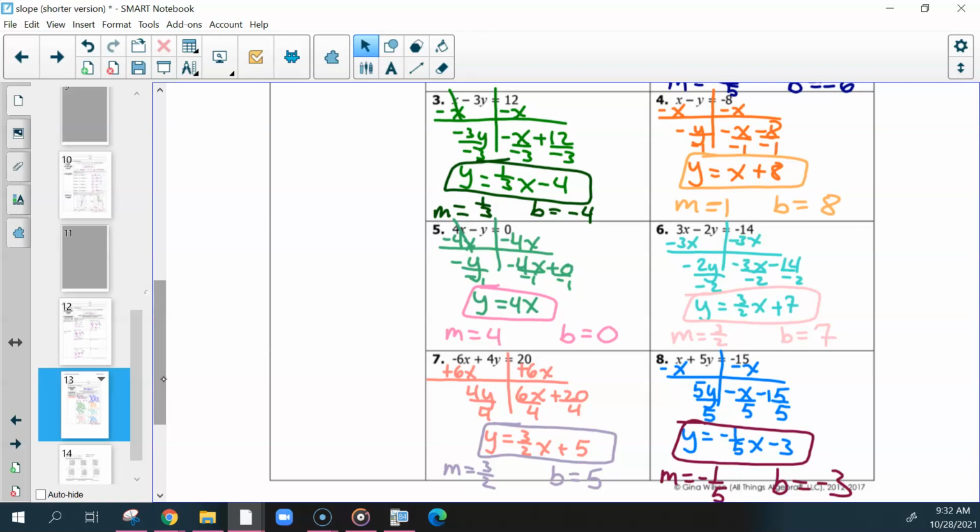Number 5, we didn't do that one, was y equals 4x or 4x plus 0, either or. 6 was y equals 3 over 2x plus 7. And 8 was negative 1/5 x minus 3.